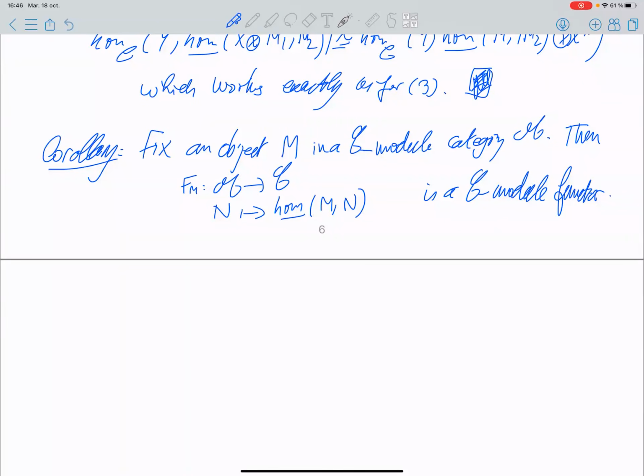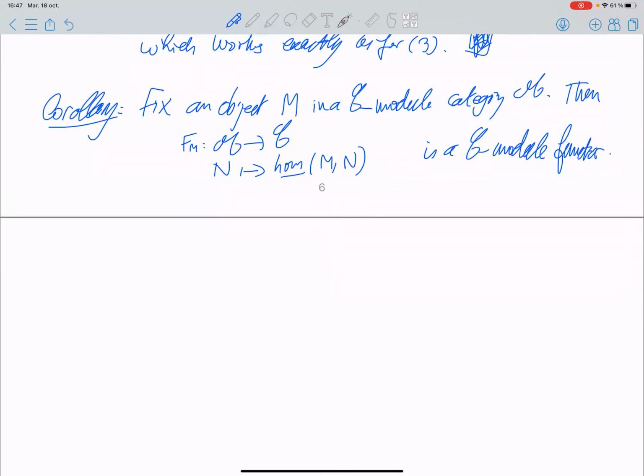Okay. So proof. As I said, the proof will use the third point of the previous lemma.